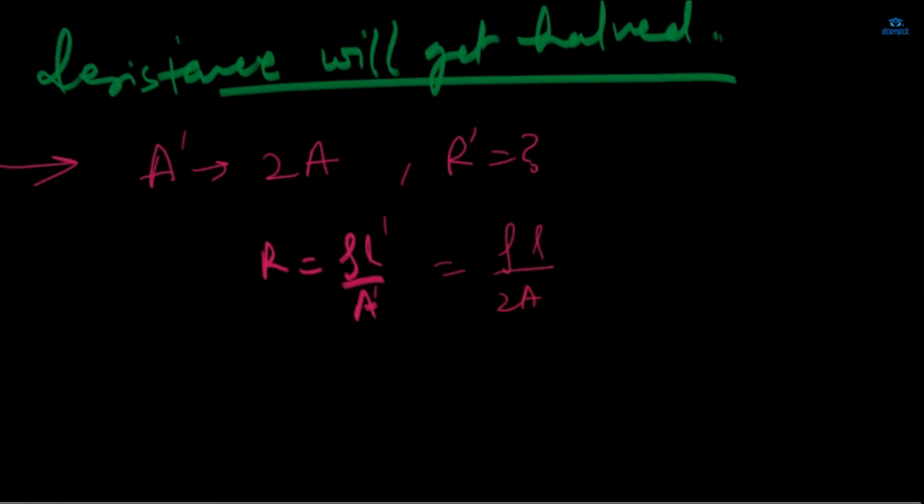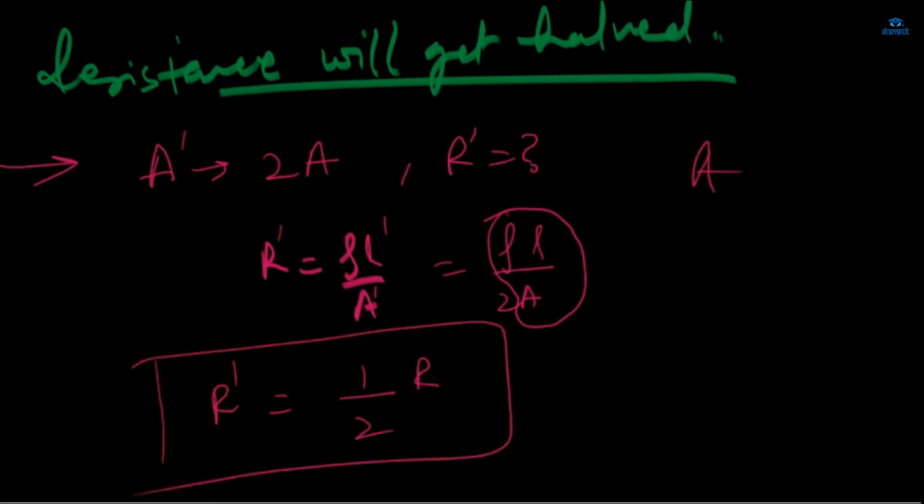So we get rho L by A as the previous resistance, which was the normal resistance when the area was A. Now the resistance R dash will be 1 by 2 R. It means it will be halved.